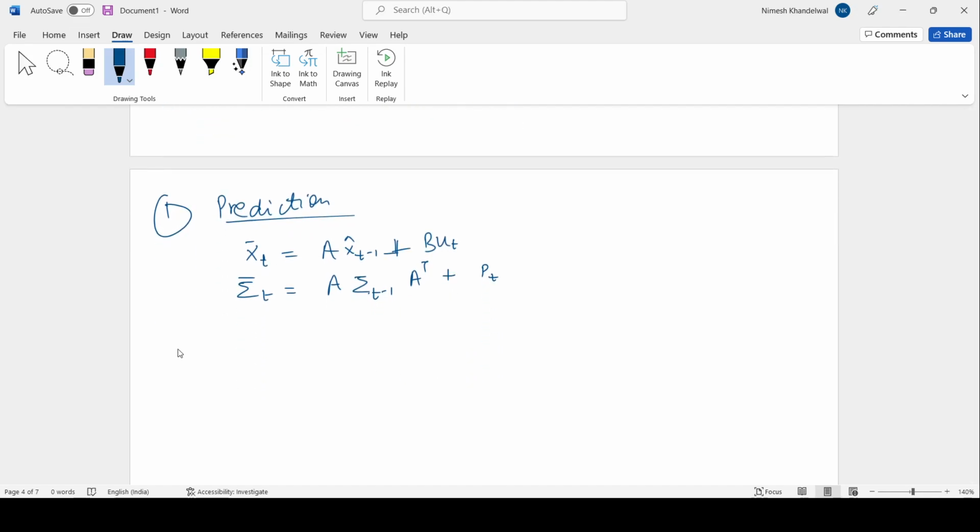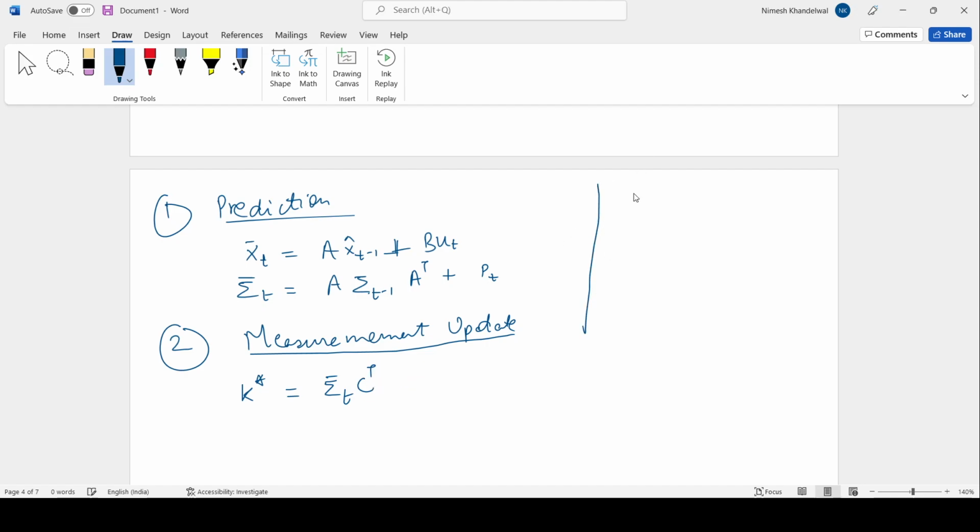And what was my second step? The second step was the measurement update. I know what my optimal K star is, so I will directly calculate it: sigma bar C transpose, times the inverse we have just derived.